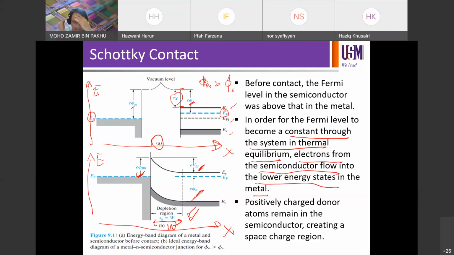Which EF has higher energy than the other EF? Look at diagram A. Metal or semiconductor is higher? Okay, you want to say metal? Obvious, right? If you can draw this correctly, then you can see clearly that the EF is higher. So since the EF is higher in the semiconductor, electrons from the semiconductor are going to flow into lower energy states in the metal.